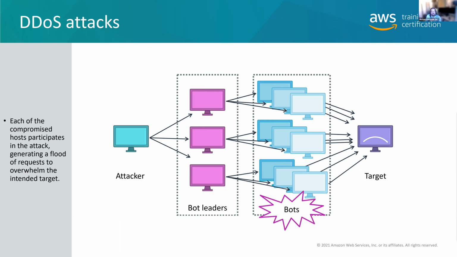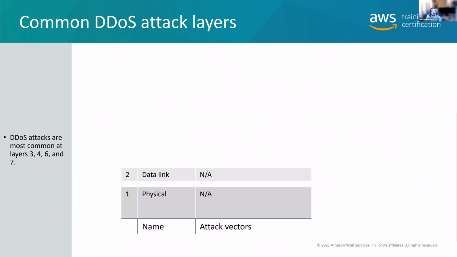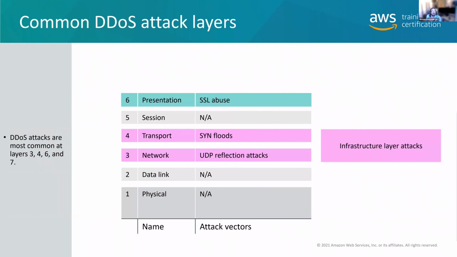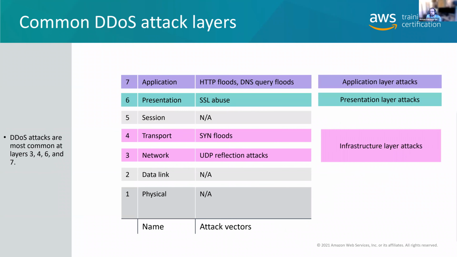To establish a connection. So here are some of the common attack layers to think about. This is obviously the OSI model, right? Which runs all the way from physical to data link to network, et cetera. And notice that there are different types of attacks at different levels or layers. So if we want to shut down someone's web server, let's just flood it with invalid traffic.